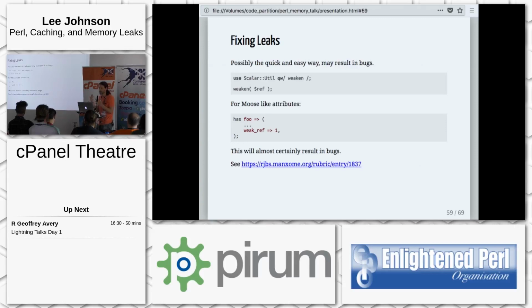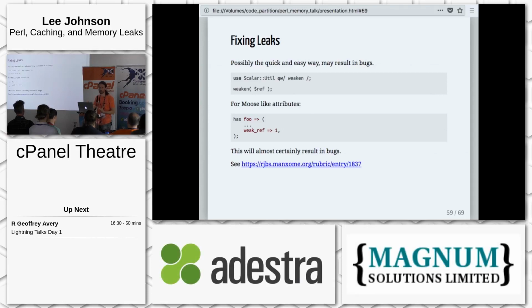The problem is you get load ordering issues, and the thing might go out of scope according to Perl before it's actually started to be used. Ricardo wrote quite a useful blog post on using weak_ref with Moose attributes, which lists some of the gotchas and how you have to be careful using it.